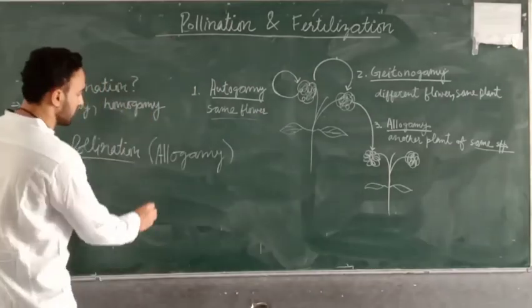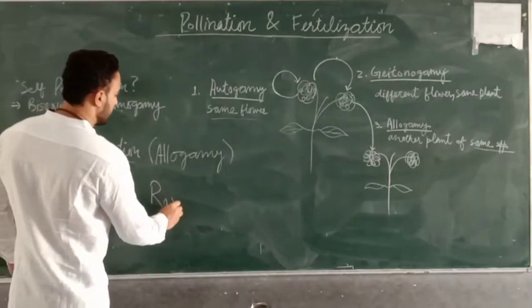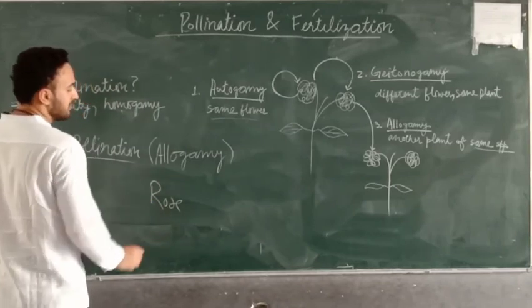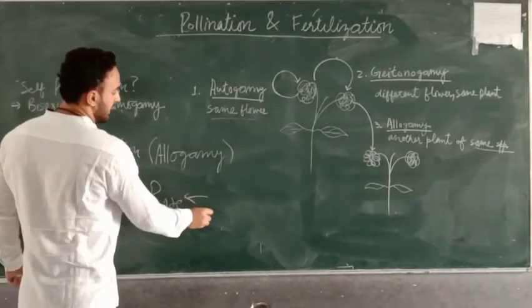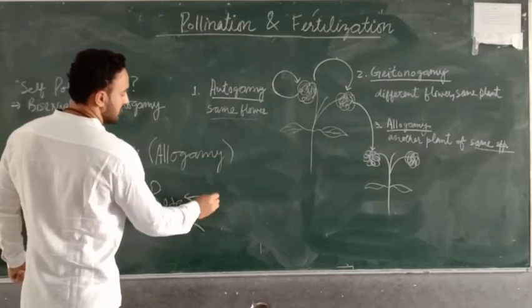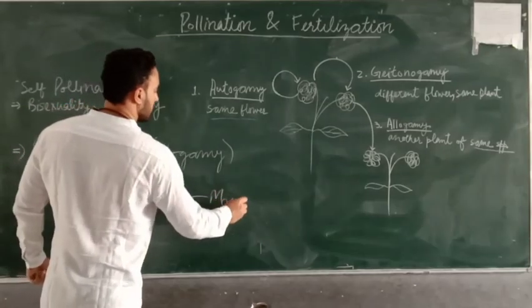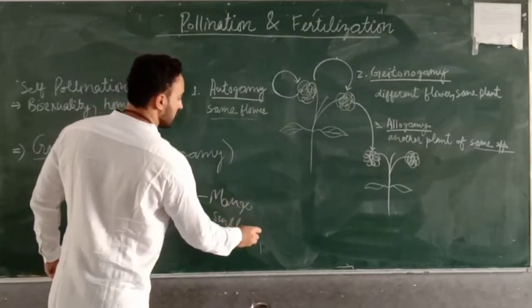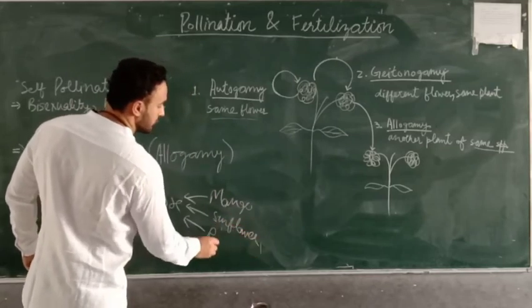For example, the stigma of the rose flower can get pollen grains from mango or sunflower as well as rose.